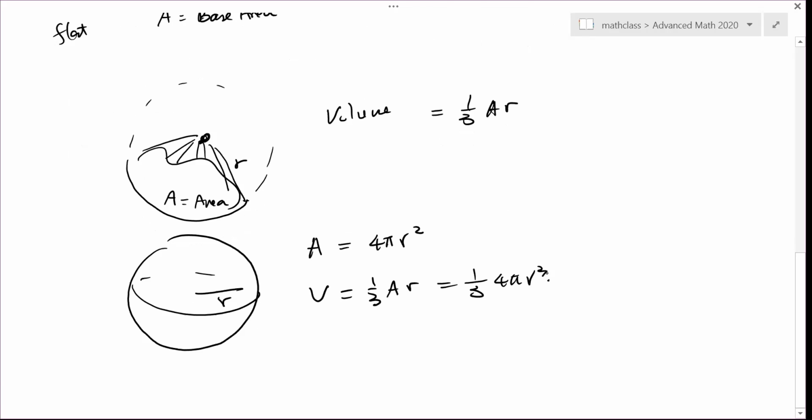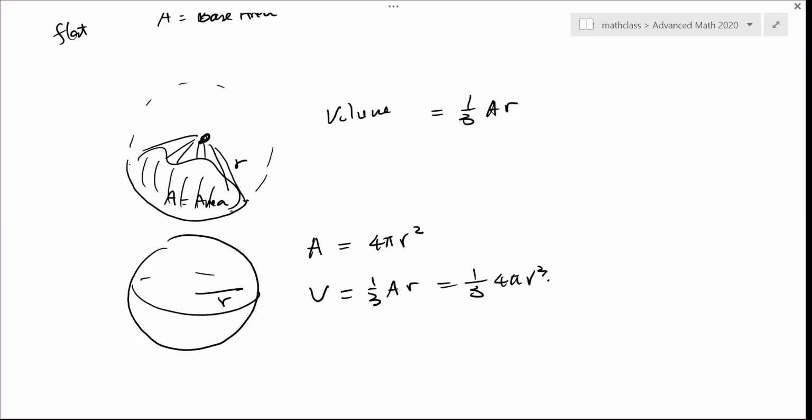So now you understand why there's a 1/3 for the volume. It looks like a cone, that's why I divide by 3. The base could be a portion of the sphere. That's all about what we should know.